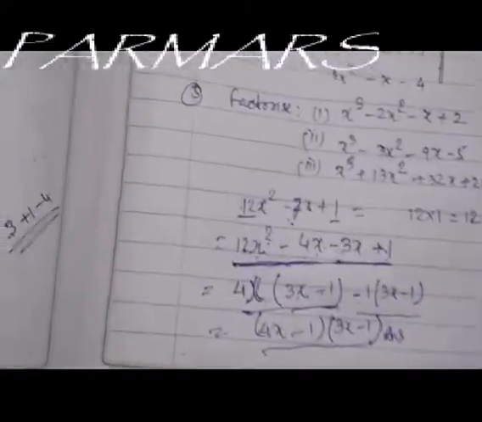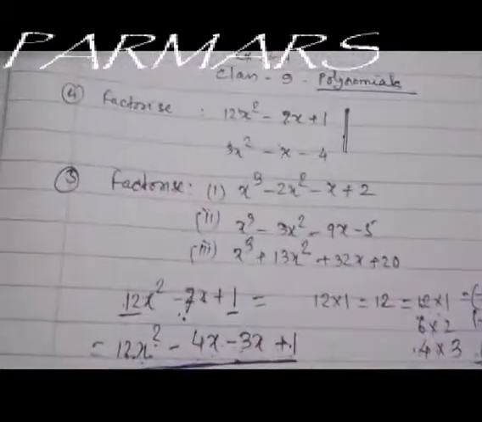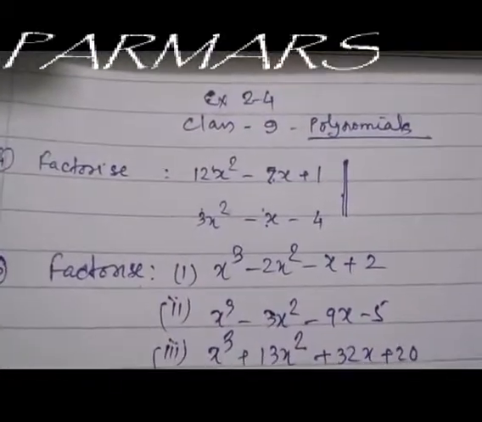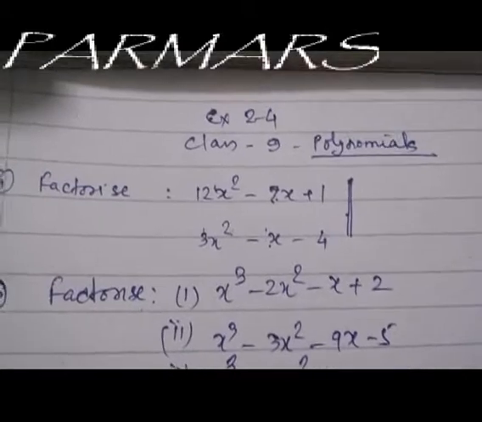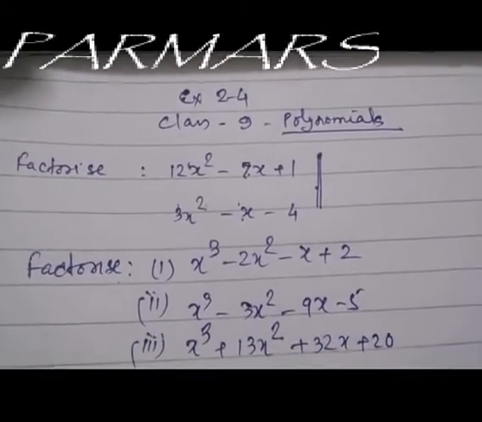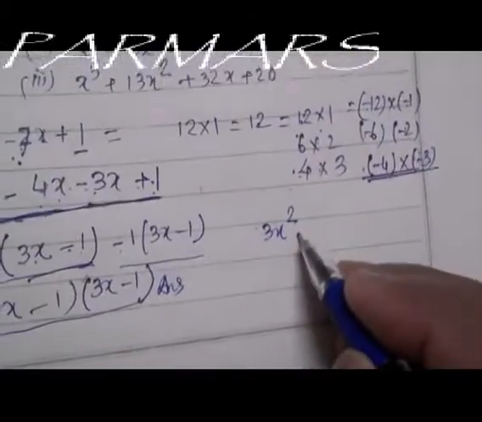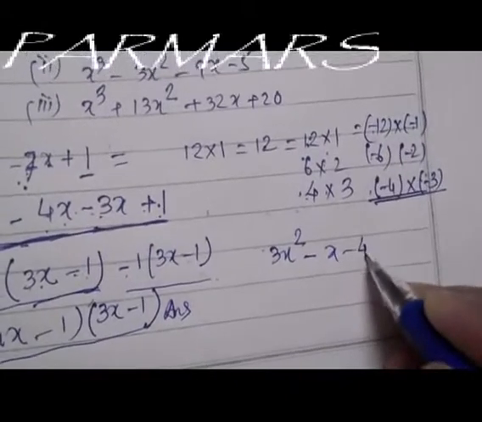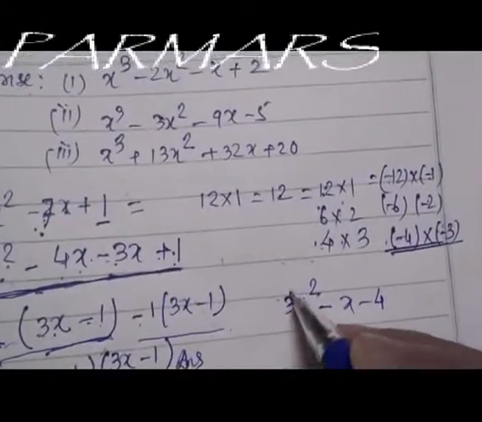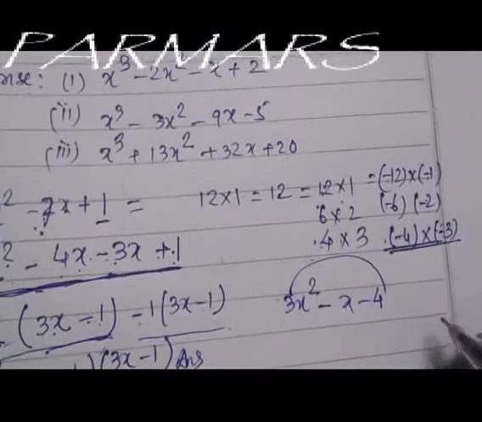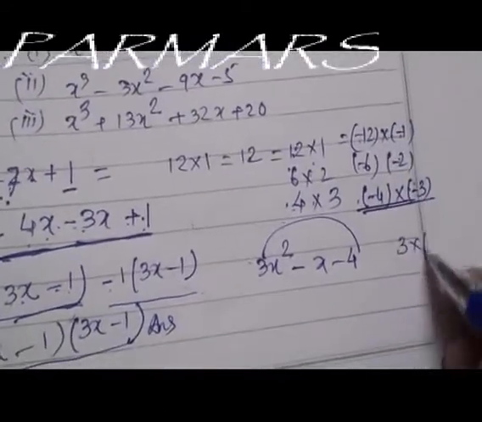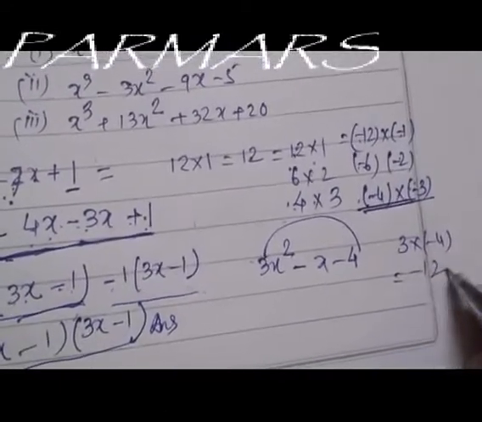Okay. The next one is 3x square minus x minus 4. Again, what is the product of these two? 3 into minus 4, this is minus 12.